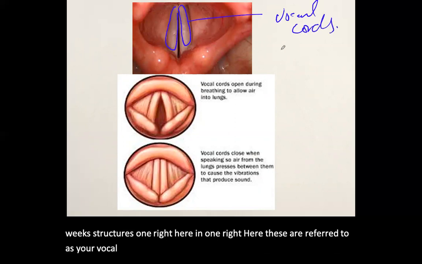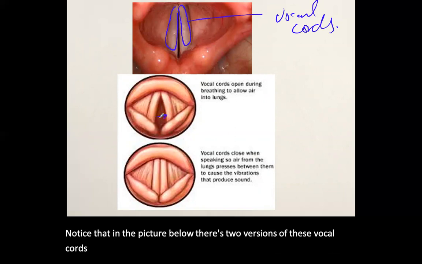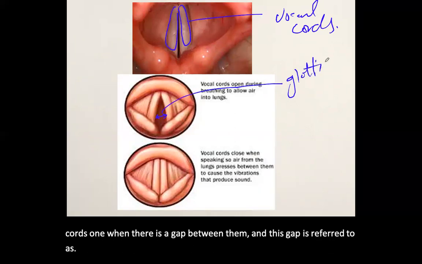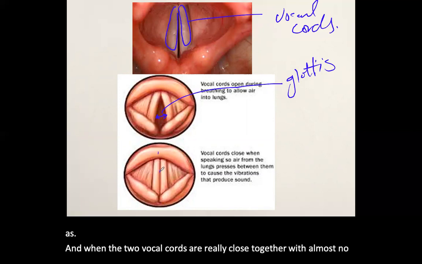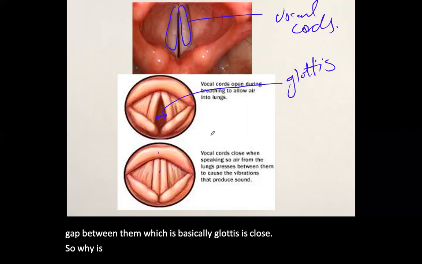Now, notice that in the picture below, there are two versions of these vocal cords. One is when there is a gap between them, and this gap is referred to as the glottis. And the other is when the two vocal cords are really close together with almost no gap between them, which means the glottis is closed. So why are these two positions important for us?